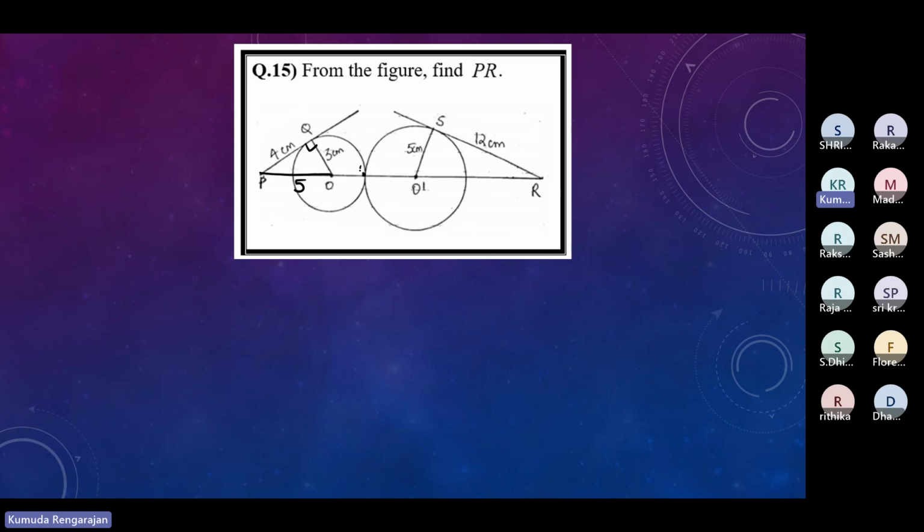If you call this point M, OM is 3 centimeters because it is the radius. OQ is 3, so OM also is 3. Then in this triangle, radius O dash S is 5 centimeters, so O dash M, the radius, is 5. Then O dash R by Pythagoras theorem is 13. 5 plus 3 plus 5 plus 13 will be the length of PR.